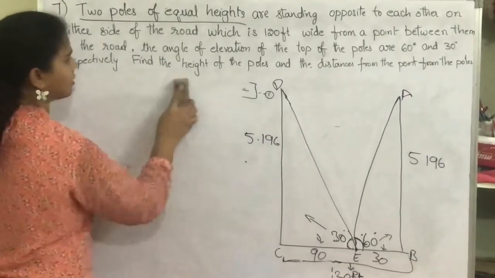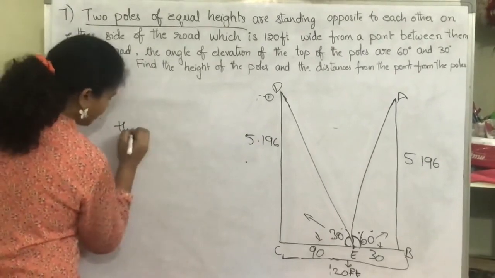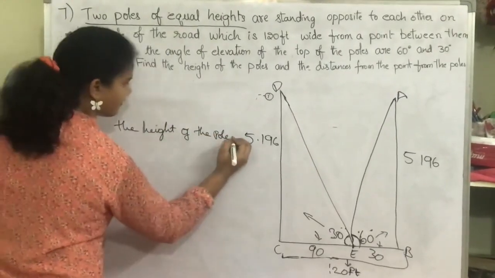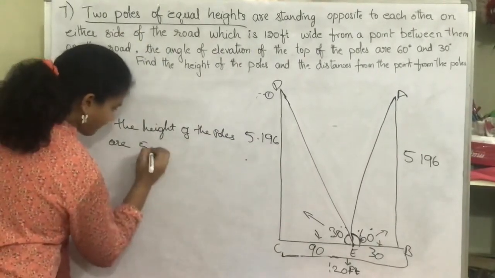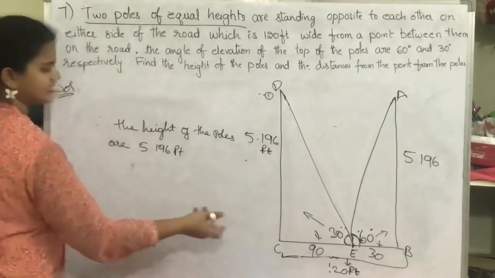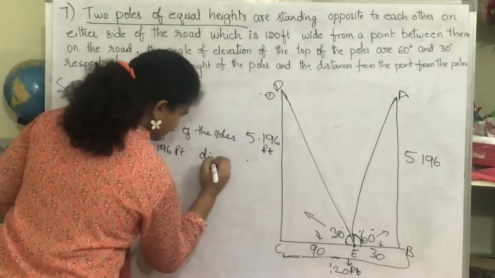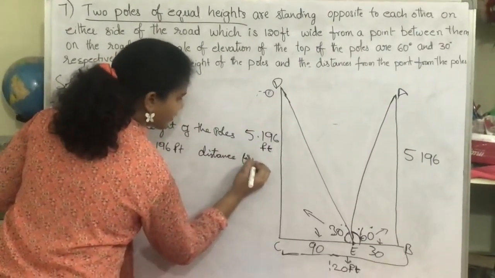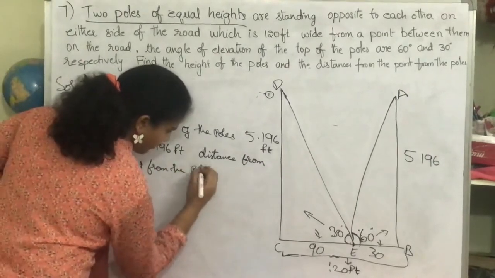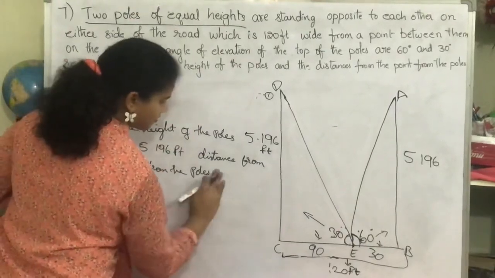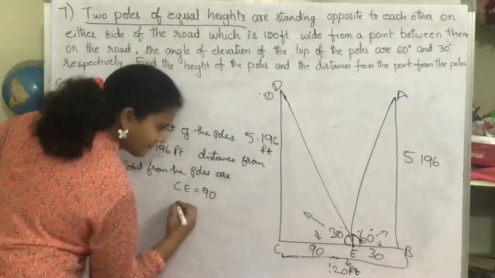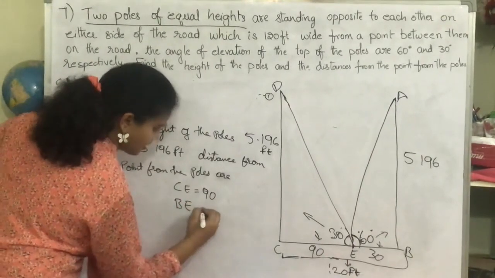Just conclude like this: therefore the height of the poles is 5.196 feet, and the distances are CE equals 90 and BE equals 30.